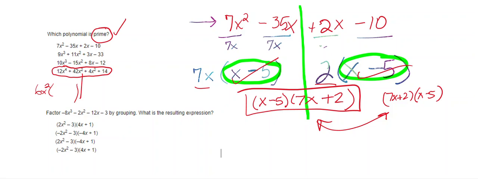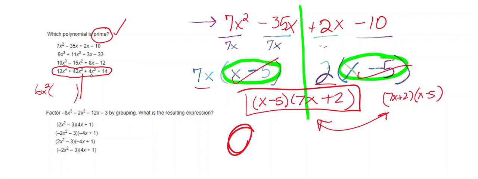Now look at the other group and try to factor. You've got 4x squared plus 14. They're both divisible by 2 because 14 is not divisible by 4. So we divide them both by 2.